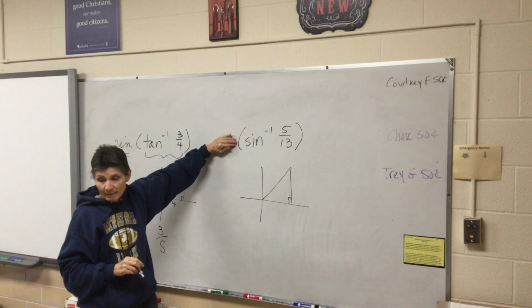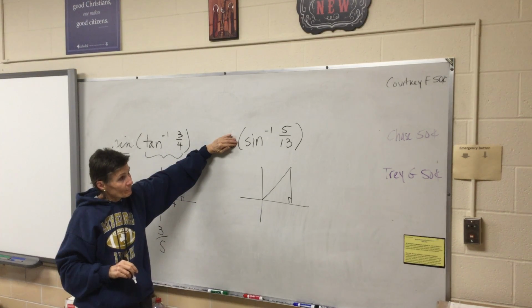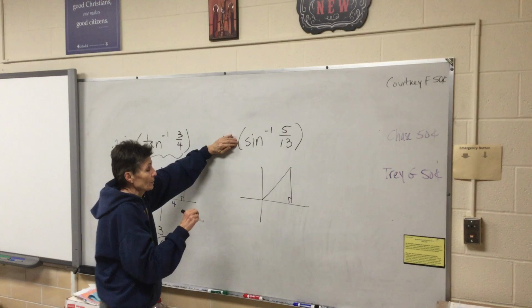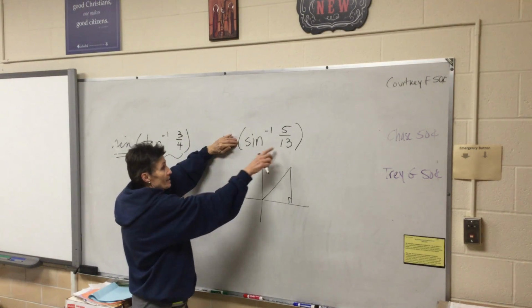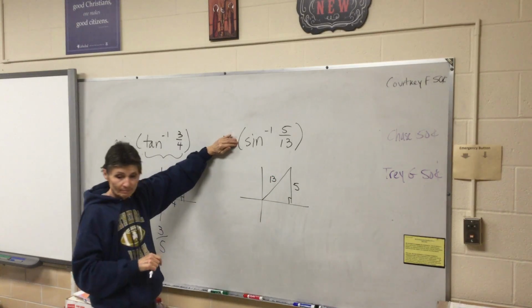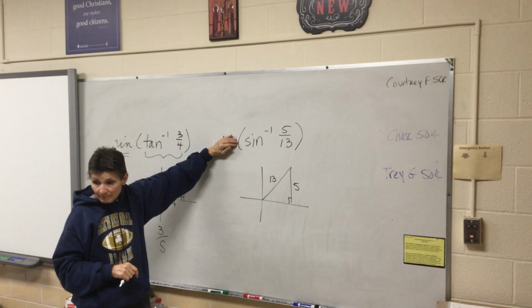That's what we've been talking about today. Now, sine is opposite over hypotenuse. Does that make sense to everybody that I would label my triangle like that?